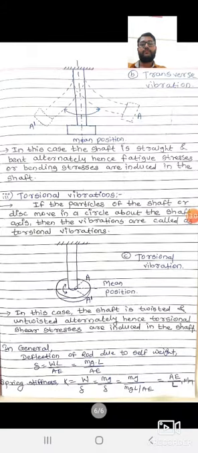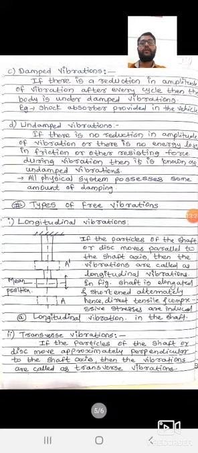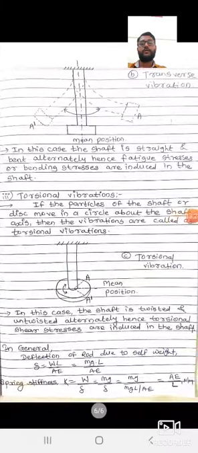The diagram shows the torsional vibrations. In this case, the shaft is twisted and untwisted alternately. Hence torsional shear stresses are induced in the shaft. So these are the types of free vibrations: longitudinal vibration, transverse vibration, and torsional vibrations.